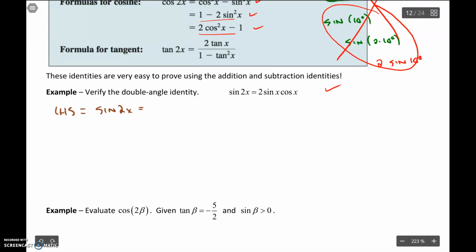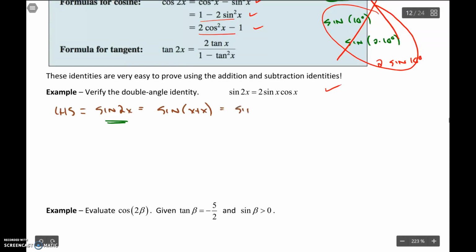I'm really a stickler for starting with one side without changing it at all, so please do that on your test. I can write this as the sine of x plus x, because that's equal to 2x. Then I can apply my angle addition formulas from the previous section.